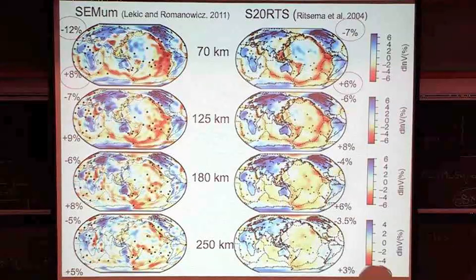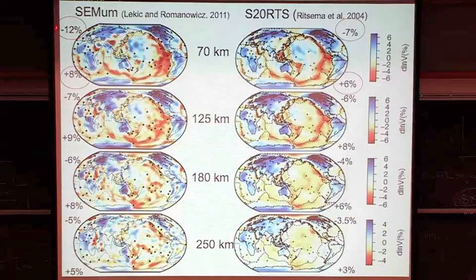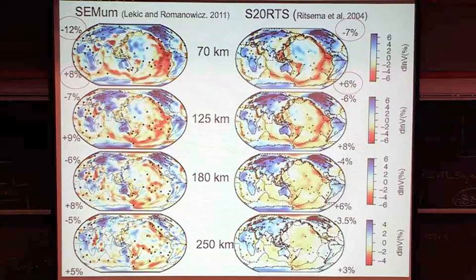You can see that here the peak-to-peak amplitude of the lateral variations is minus 12% to 8%, whereas in the previous model it's only minus 7 to 6, and this difference somewhat persists deeper, but it's primarily visible at the top of the model.